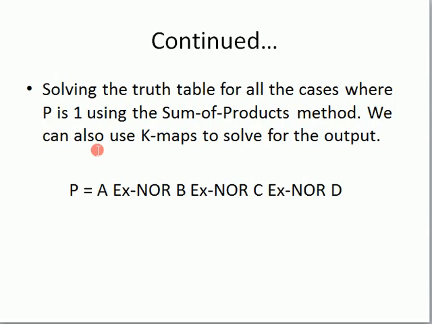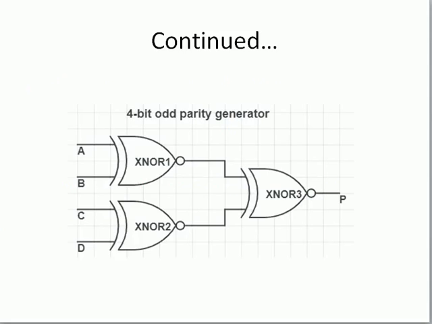When we solve for the 4-bit odd parity generator, P is equal to A exclusive NOR B, exclusive NOR C, then exclusive NOR D. To implement this expression we need 3 exclusive NOR gates, and this is the circuit diagram for the 4-bit odd parity generator.